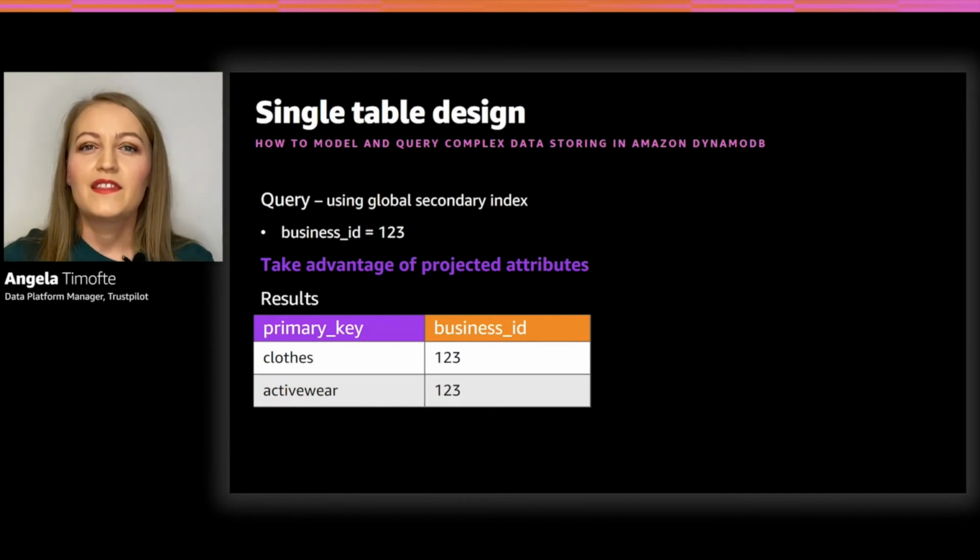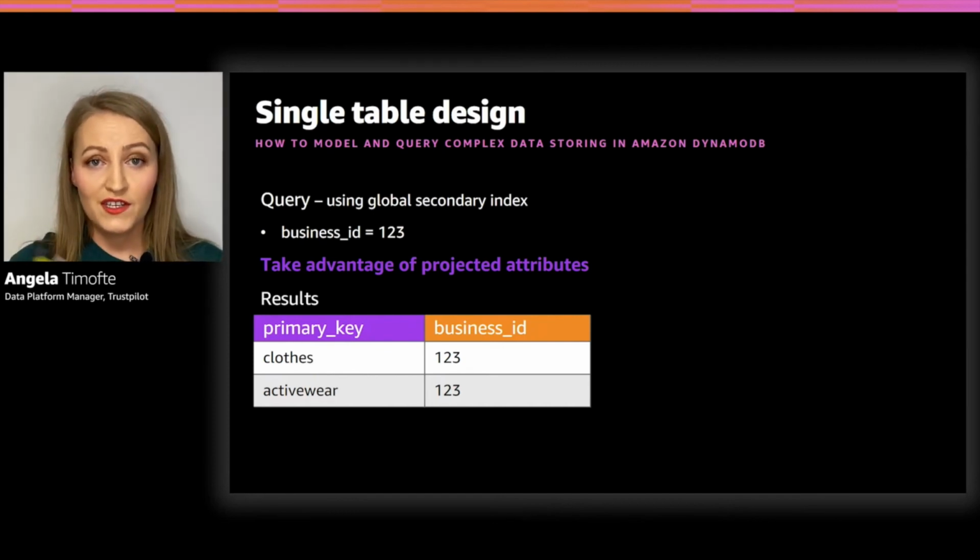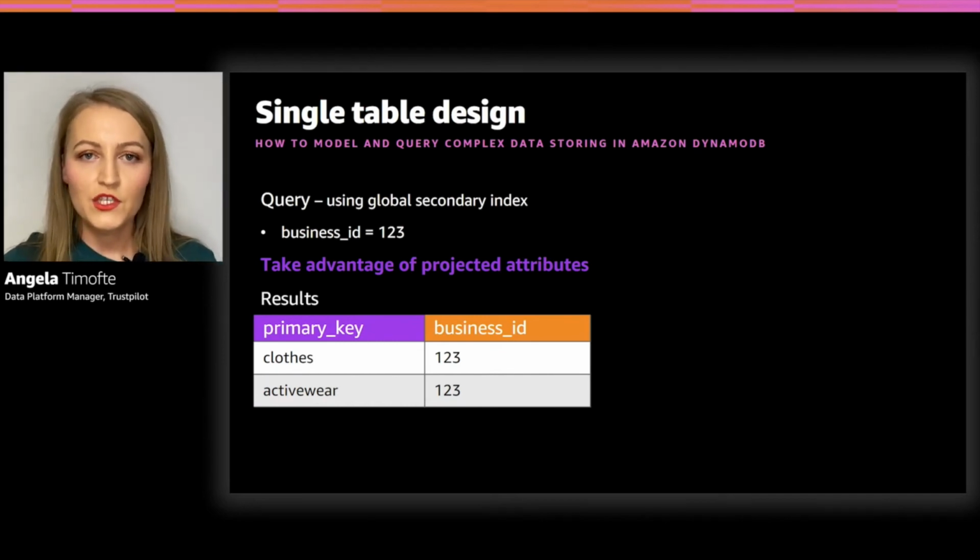And of course, the example that I'm sharing with you here is quite small, but imagine if you had a huge table with a lot of data in it, and then you were to project all the attributes and pay double for that data, even though you don't need it. So really think about this when you use secondary indexes.